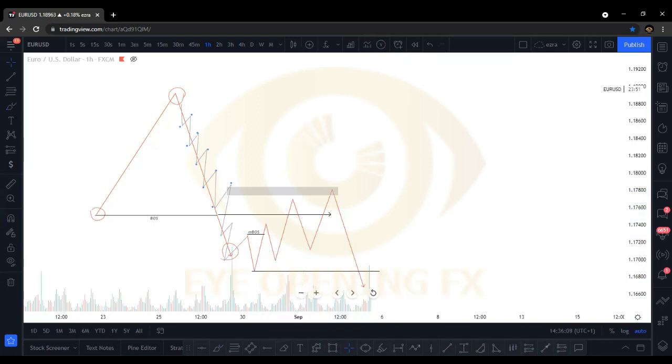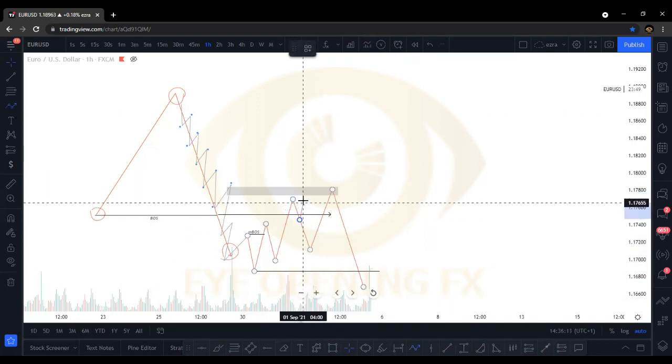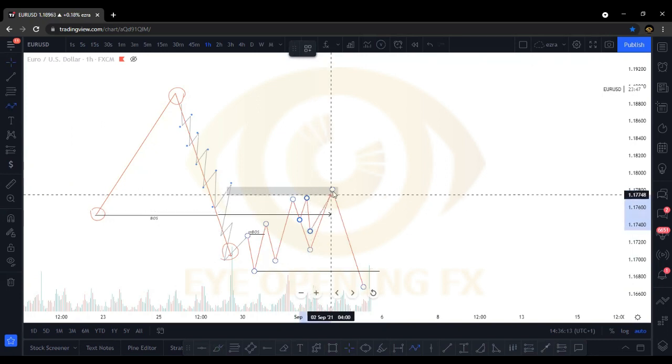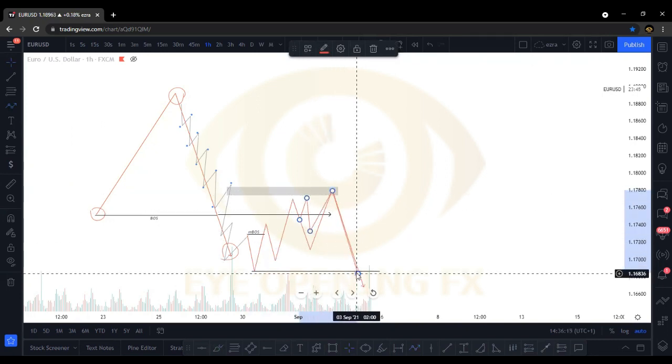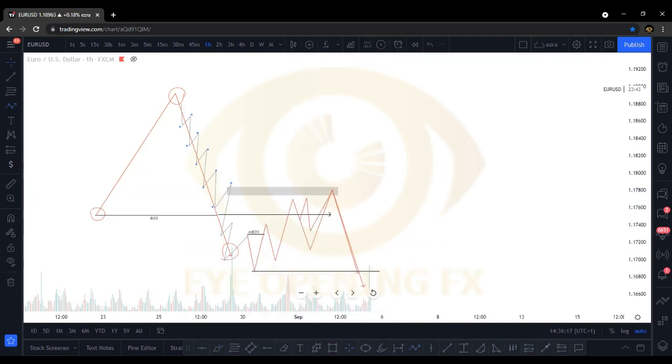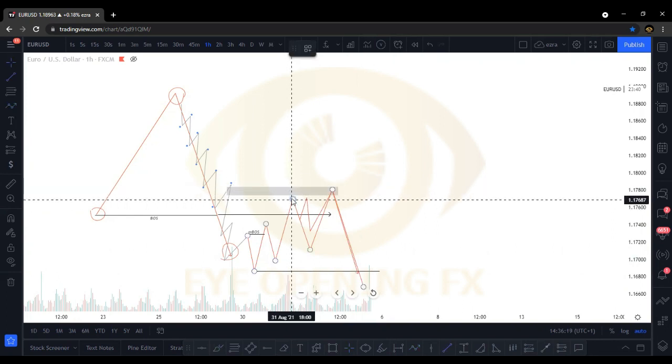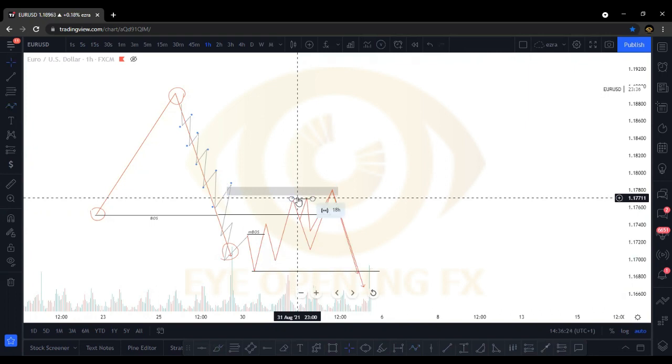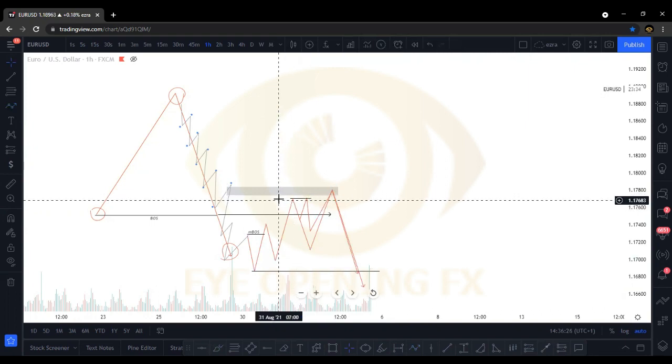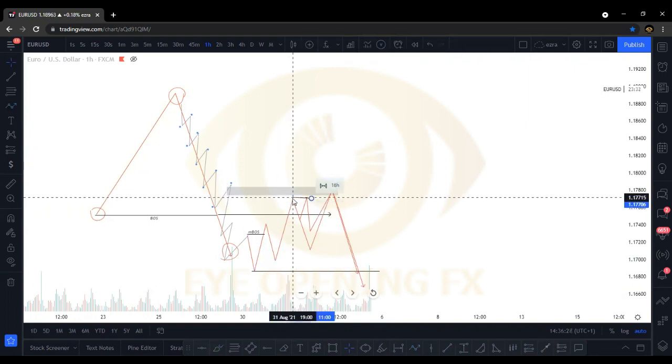A stop hunt means when it creates something like a double top around this high area before hunting it with this high and creating a low. So this is what we call a stop hunt. This is a clear stop hunt.